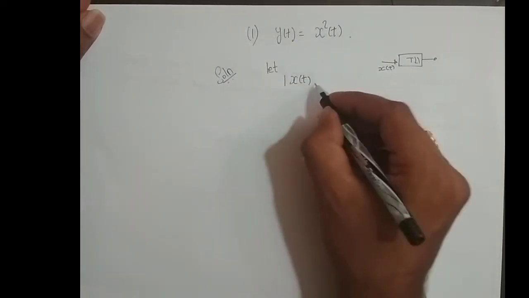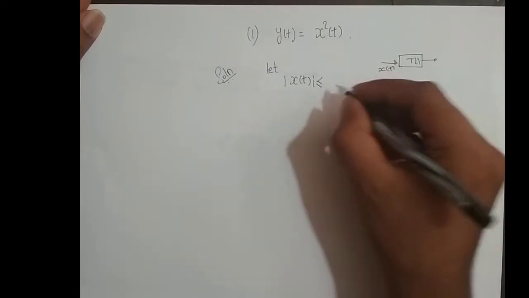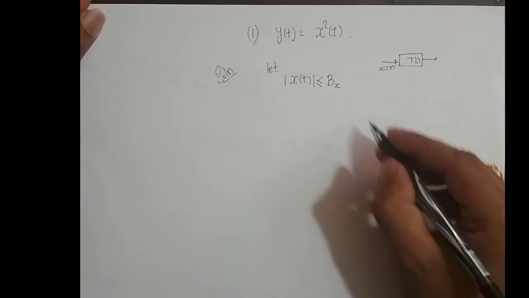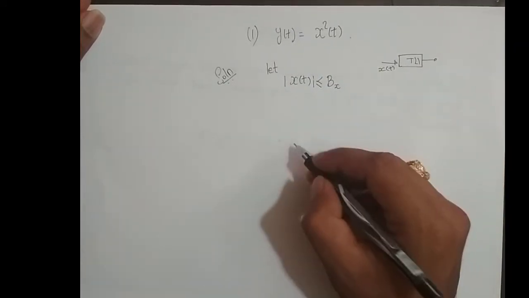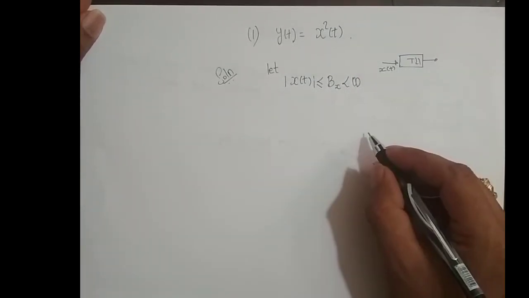So let the magnitude of x(t) be less than or equal to some finite value Bx, a bounded value for the input signal x(t), and this Bx is less than infinity.